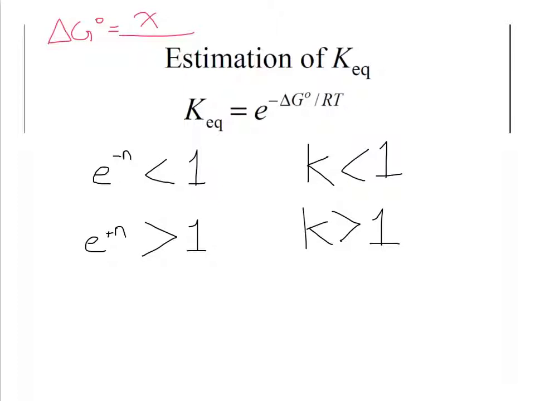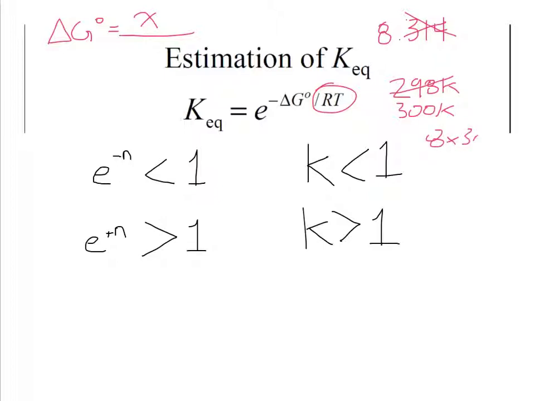Something else we can do is, for RT, you're going to be given the temperature, and if you're told the temperature is 298 Kelvin, don't be afraid to round that in your head to 300 Kelvin, to make it a little bit easier to multiply. 8.314 is the R constant, you should know that, but don't be afraid to get rid of that 0.314, and so for this particular question, it'd just be as easy as multiplying 8 times 300 to get your RT value.